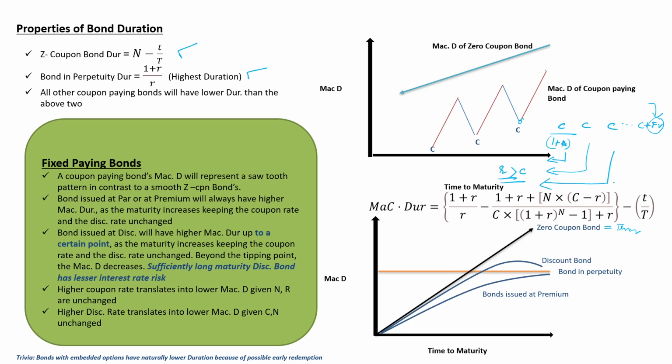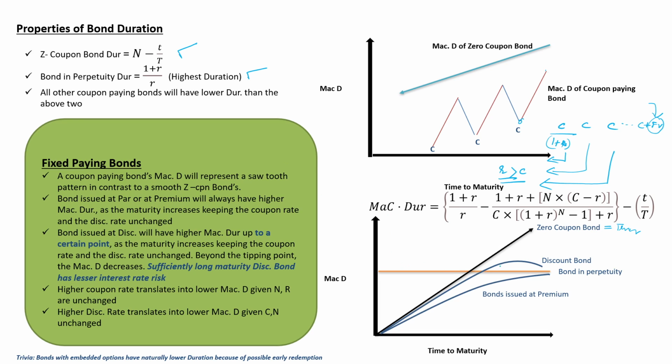So you're receiving only a small portion of your cash flow at each resetting period, and hence your duration to receive the entire cash flow increases proportionately. So that's why the bonds issued at discount will have a duration measure that is higher than that of the bond issued at premium.